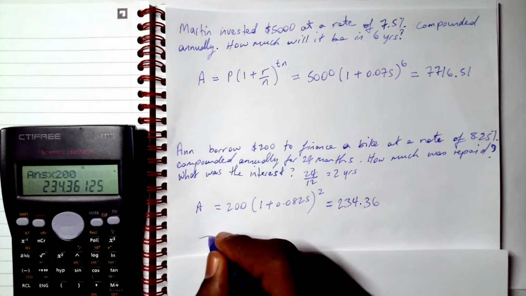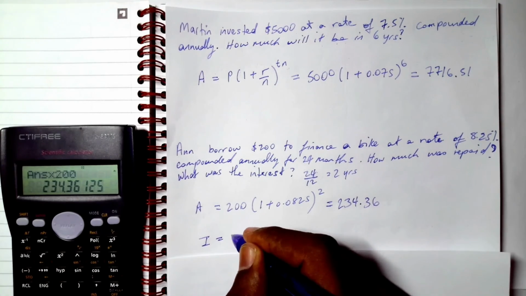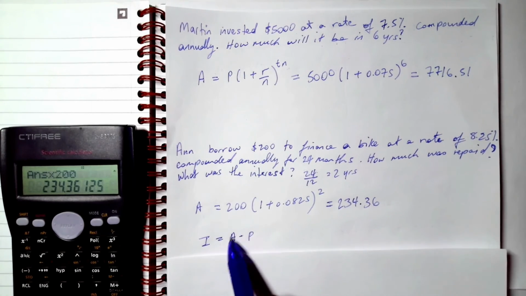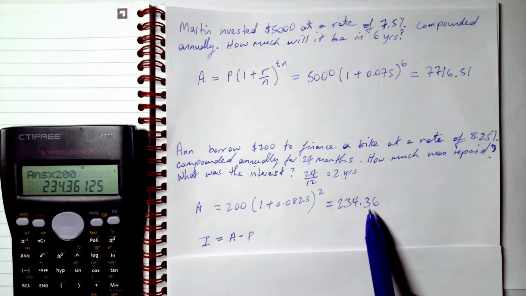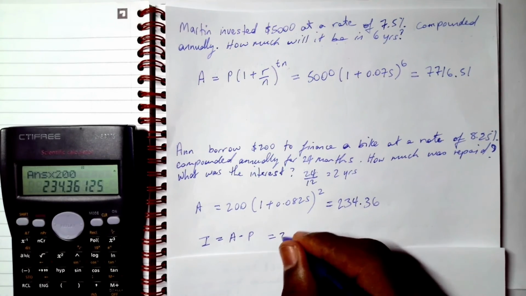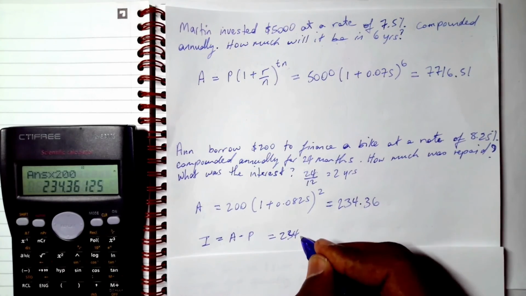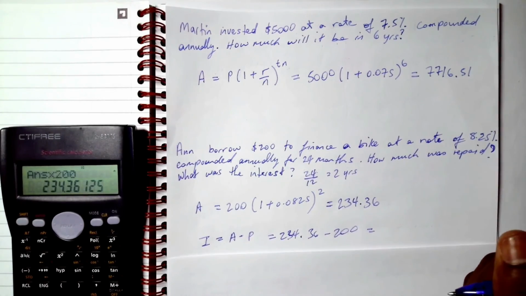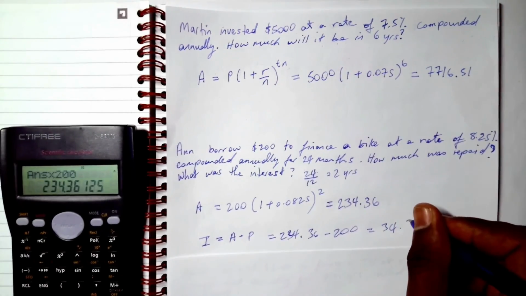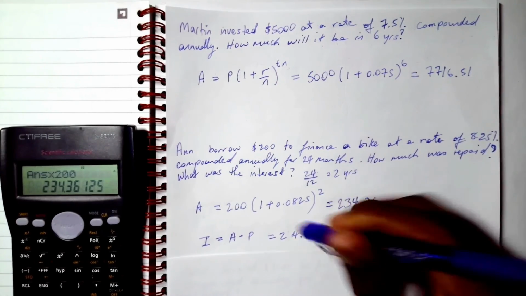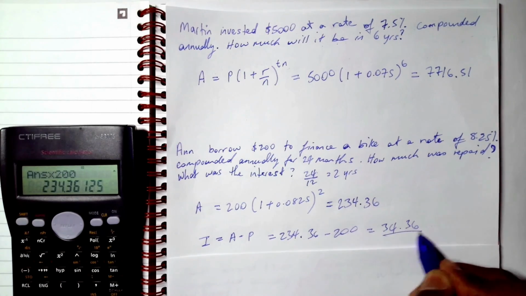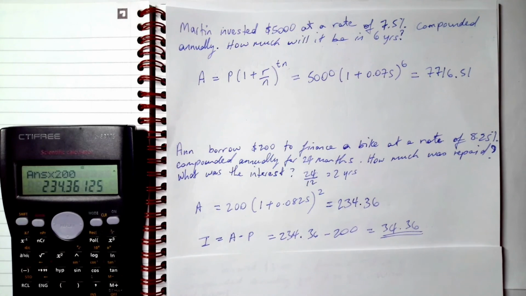To find the interest, we subtract the principal, which is the 200, from the accumulated amount. 234.36 minus 200 equals 34.36. So this is our interest. All right. There are a lot more examples ahead, so please stay tuned.